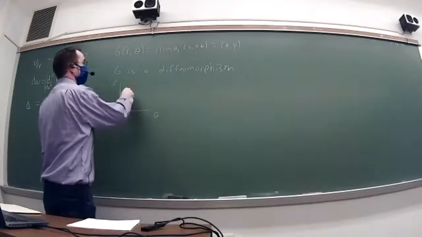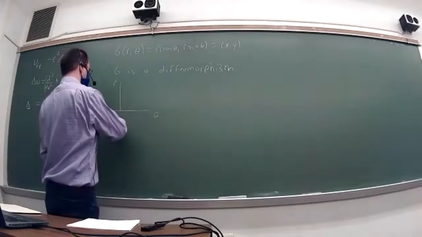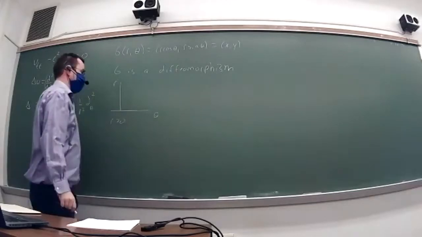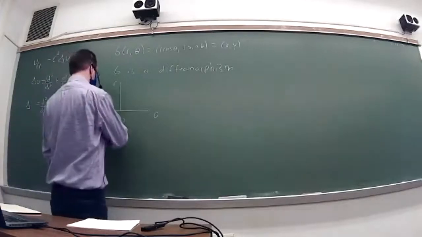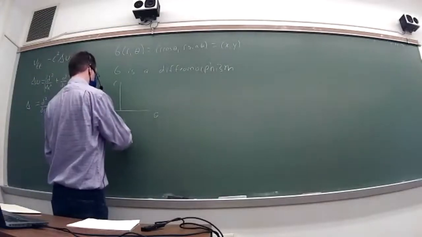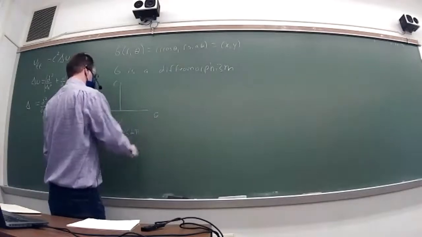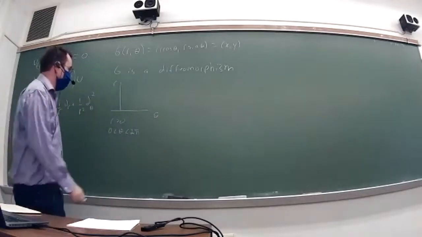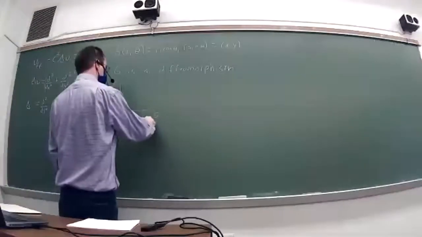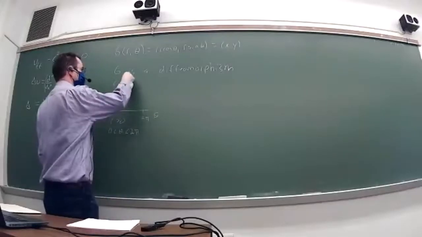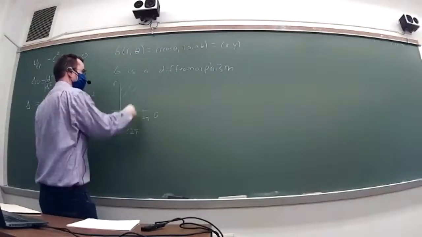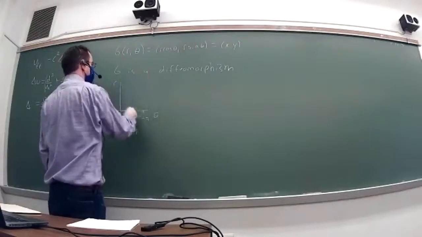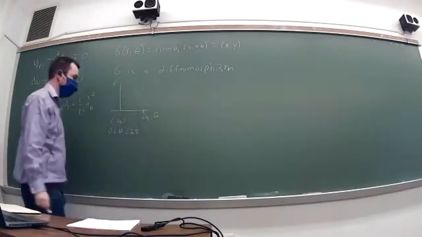We want a domain, so we want an open set. So maybe we want r bigger than 0, and maybe we want 0 less than theta less than 2 pi. And if you graph this, you kind of get this rectangle here. It's an infinite rectangle.